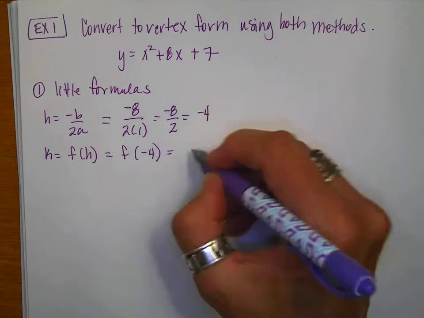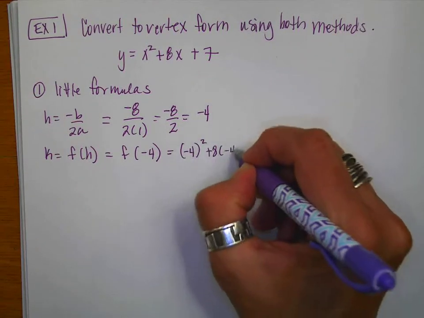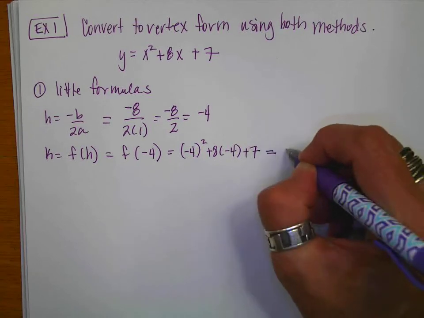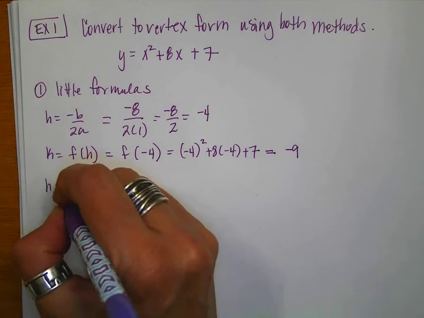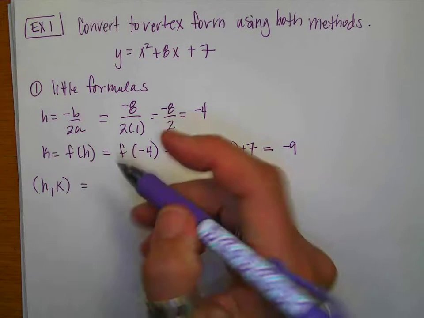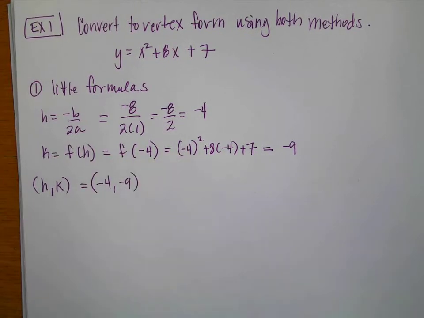So I substitute the negative 4 back into the equation, so it's negative 4 squared, 8 times negative 4 plus 7, and when you do that math, you're going to get negative 9. So your vertex, (h, k), is now going to be negative 4, negative 9.